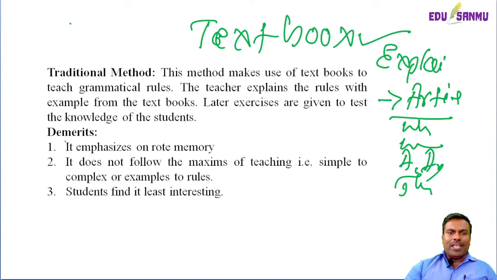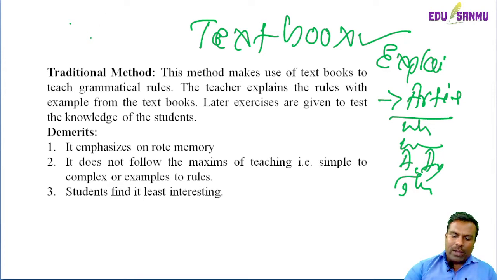So what are the demerits of this one? The main demerit of this method is that it emphasizes rote memory. The students or learners have to learn each and every point by memorizing only. So it puts the importance on memory. Then it does not follow the maxims of teaching.